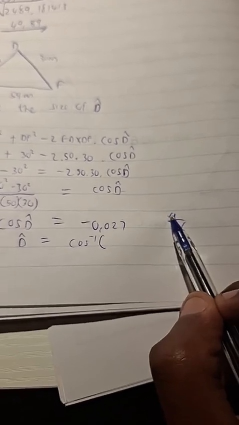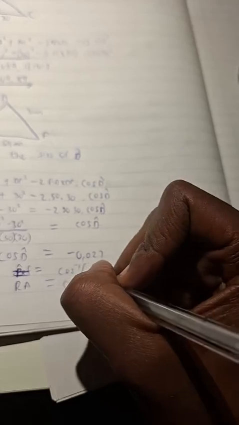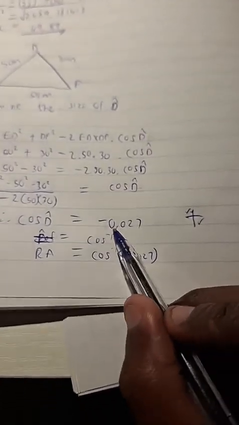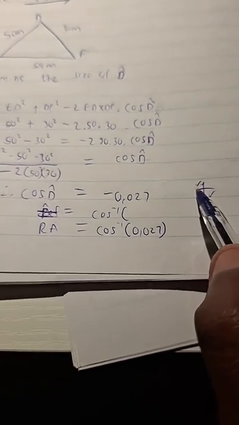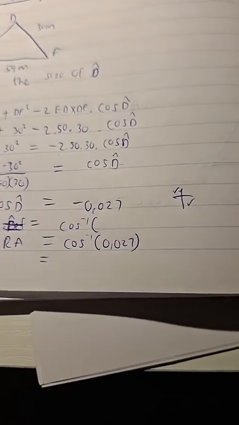Sorry guys, I need to find here the reference angle. So this is RA, cos inverse. I'm just going to assume the positive because the negative sign is taking care of my quadrant. So my reference angle of this gives me what?